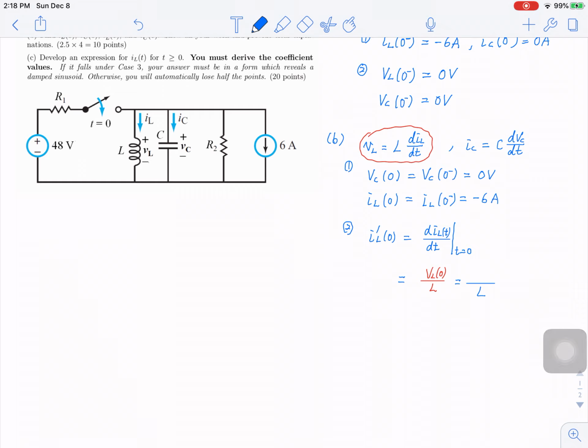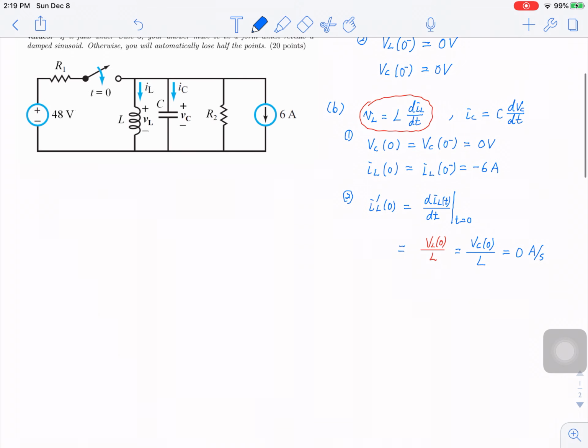VL is actually equal to VC, because this is a parallel circuit, and we know VC is equal to 0. So this is equal to 0 ampere per second. Please remember there is a second here; the unit, you have to be careful.